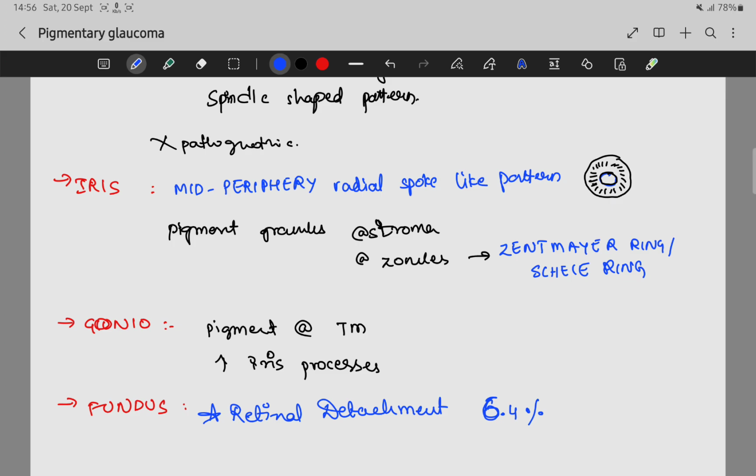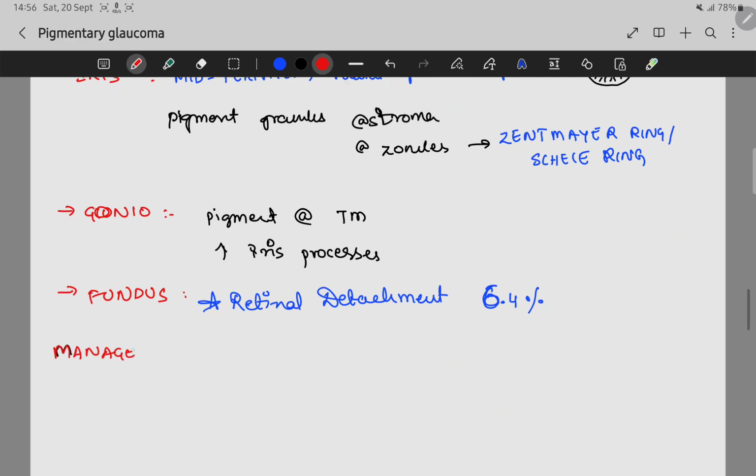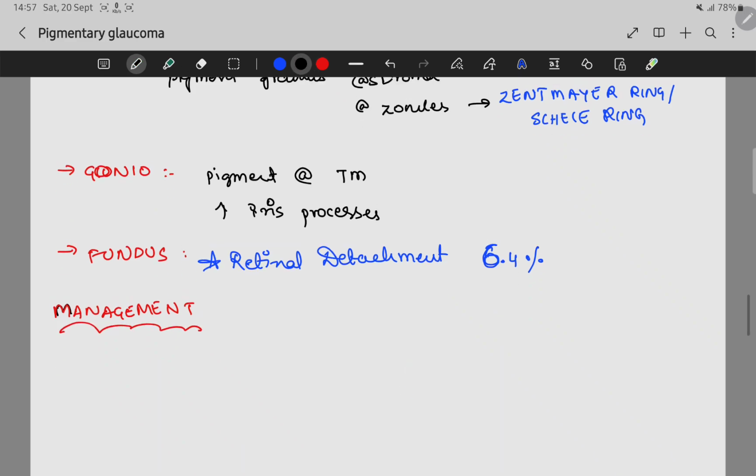Now coming to the management part. It has been found that these patients, when they are doing activity like exercise or anytime, there has been increased pigment release, right?